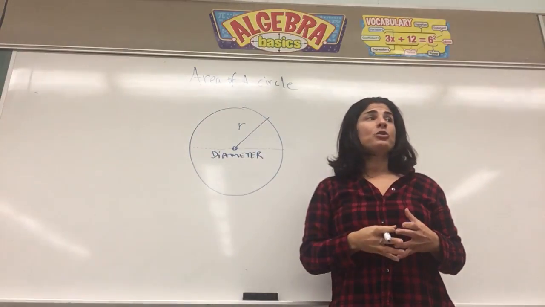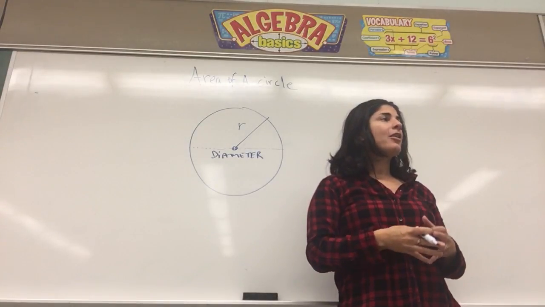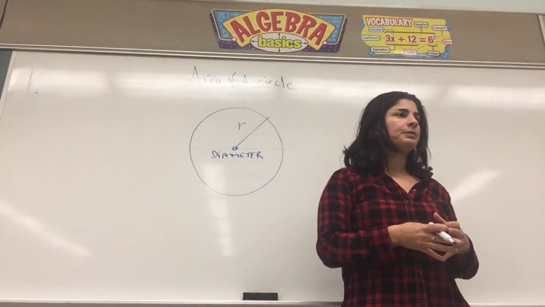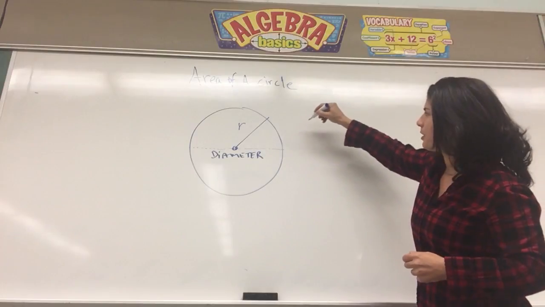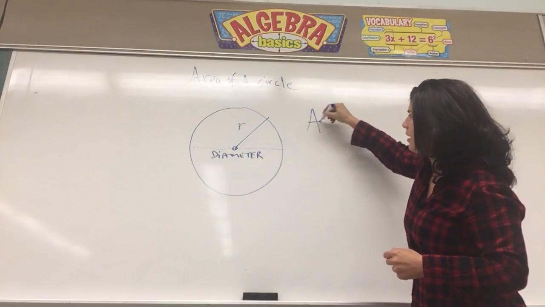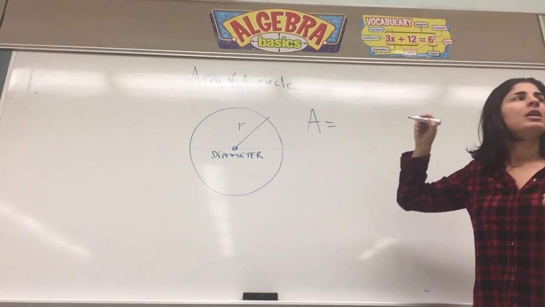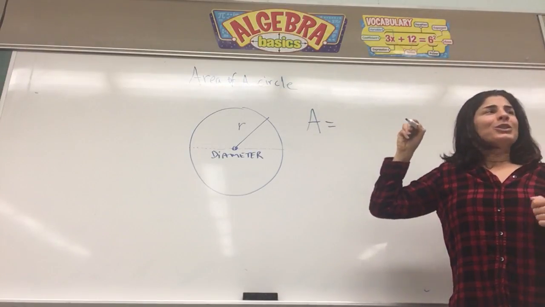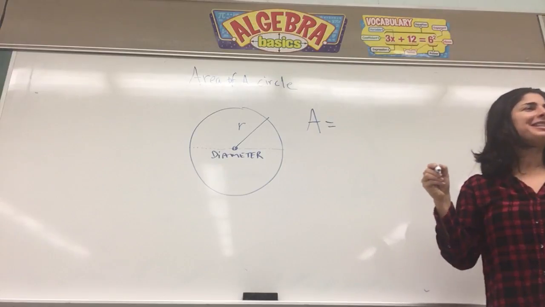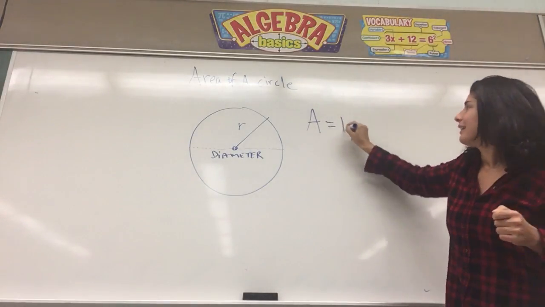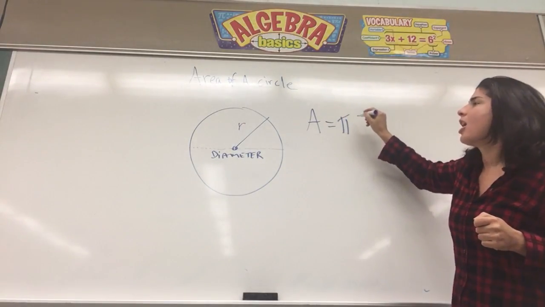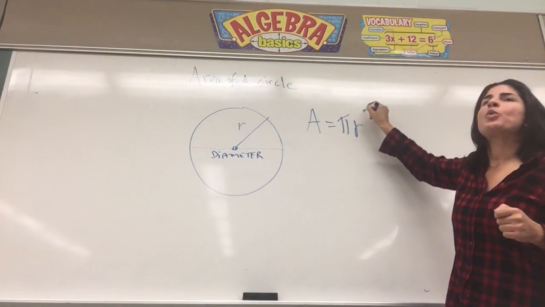Now, what I'm going to teach you today is the area formula. What is the area formula? Does anybody know? Area equals pi r squared.